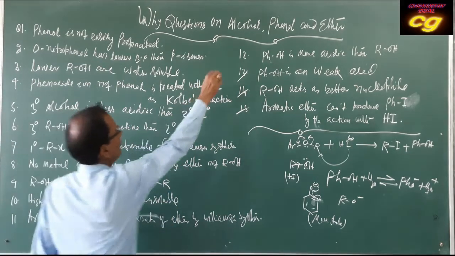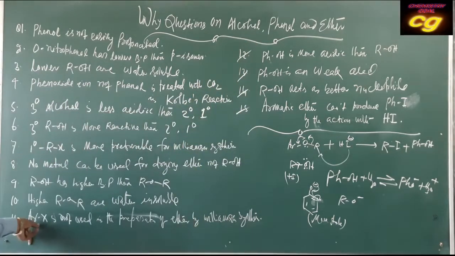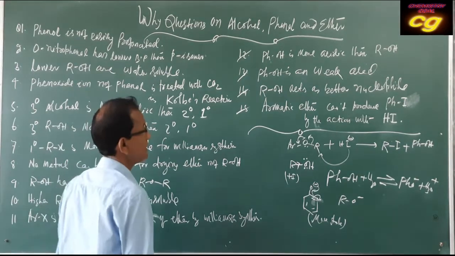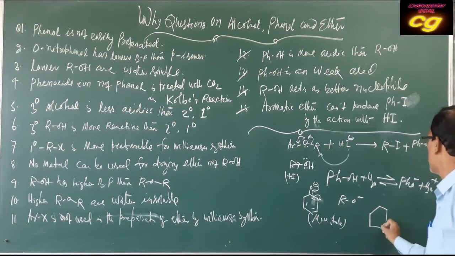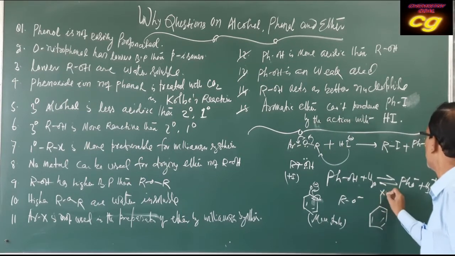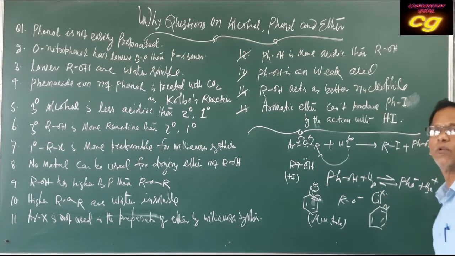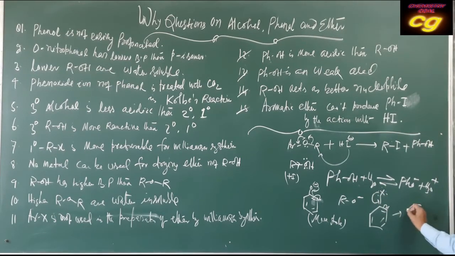Then question number 11. Haloarene is not used in the preparation of ether by Williamson synthesis. Already we discussed this thing. Haloarene has resonance. Due to resonance, it gets double bond character, so the X has double bond character with the benzene ring.